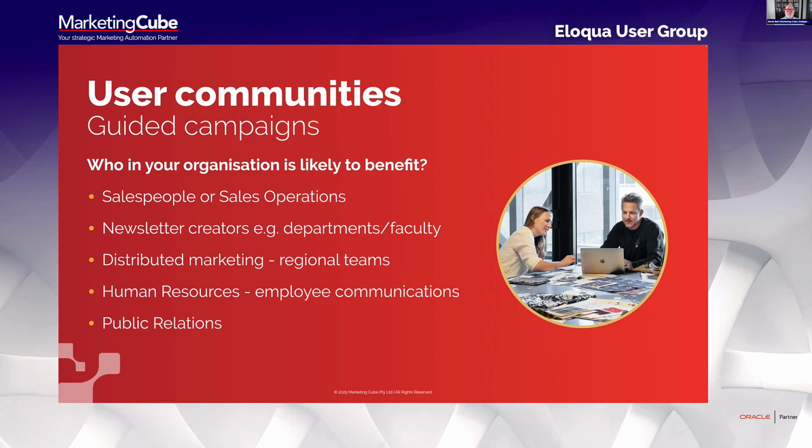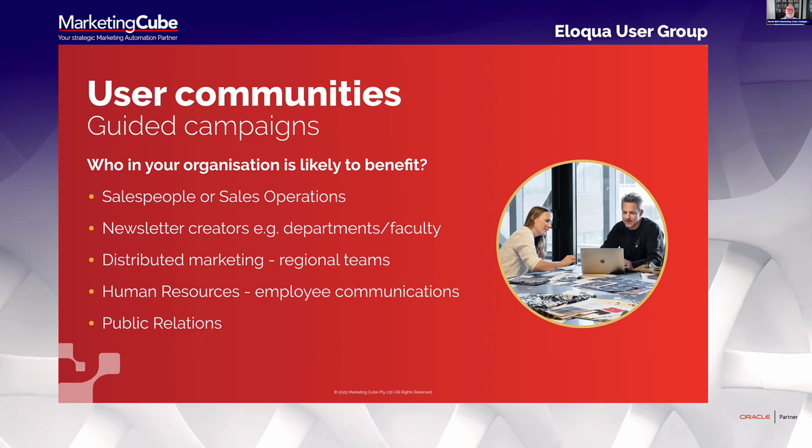Distributed marketing, so regional teams. I mentioned this one a little bit earlier. I think that's a good candidate for this type of user community. And then as you think across different departments within the organization, maybe human resources, when we think about employee communications, in reality, the way we communicate with our staff has to be as good as the way we communicate externally.